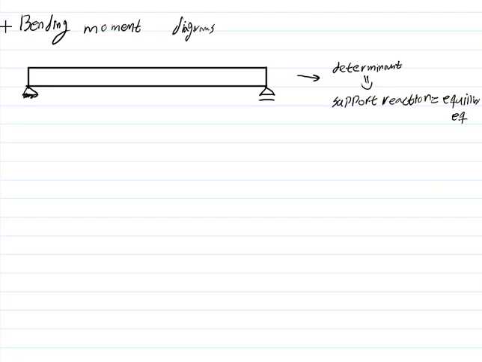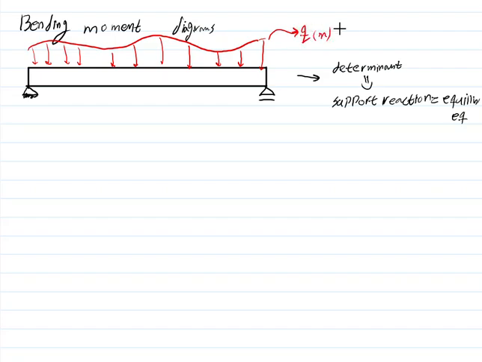So assuming this beam under a general type of loading, okay, and we do not know what the distribution law or function that this load obeys is. For example, the general form is q(x), but if it's linear, or a parabola, it doesn't matter, okay?